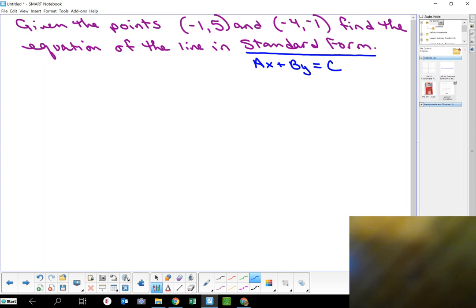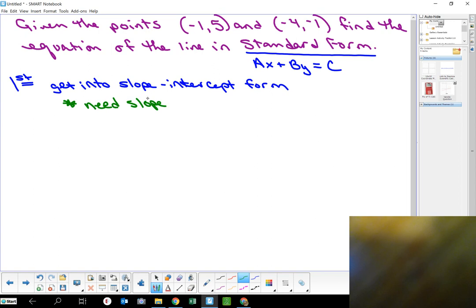All right, then you have to decide what to do. Well, the best thing for you to do is to first get this thing into slope-intercept form. And so there's some information you need to do that. That means you need the slope.